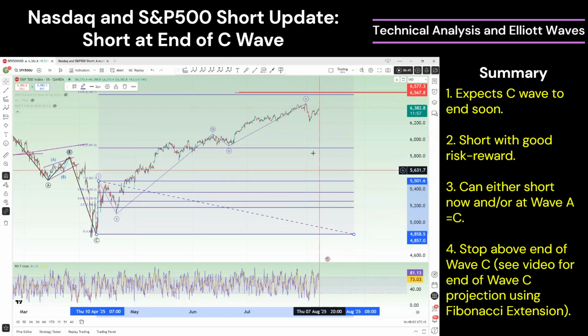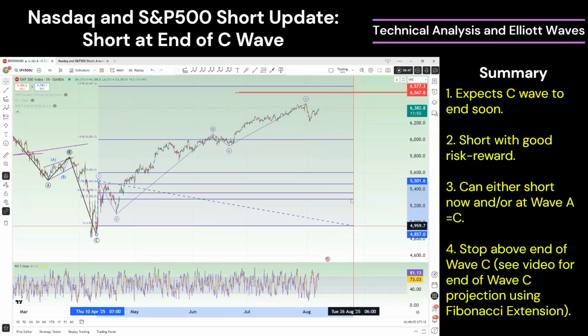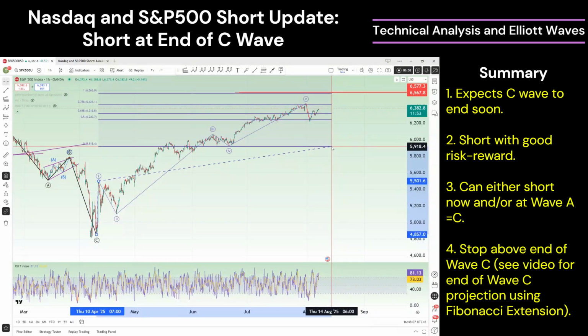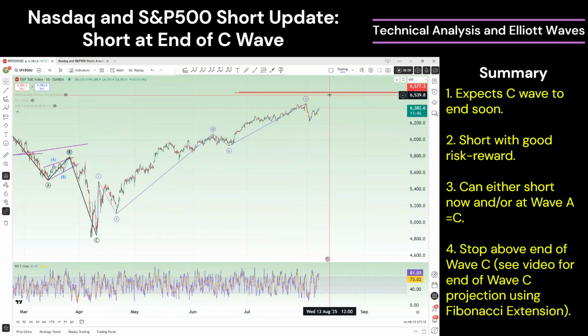we will want to look at a price around here. If we push it up to here, it will be here also. So based on Fibonacci extension, this will be the ideal endpoint for S&P 500.